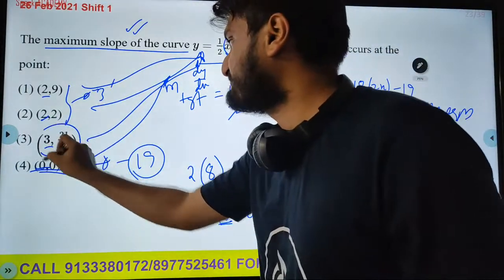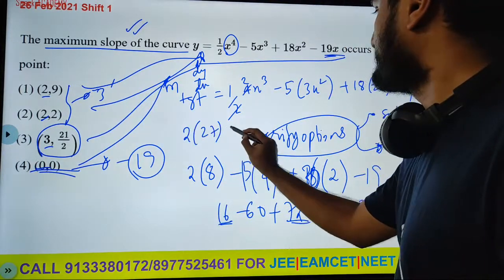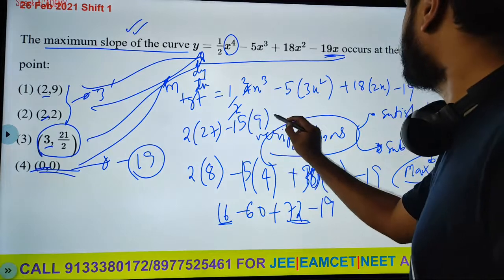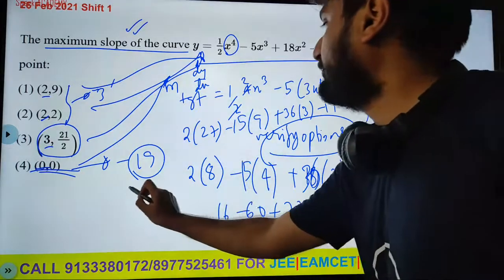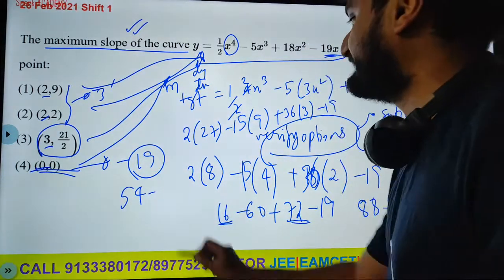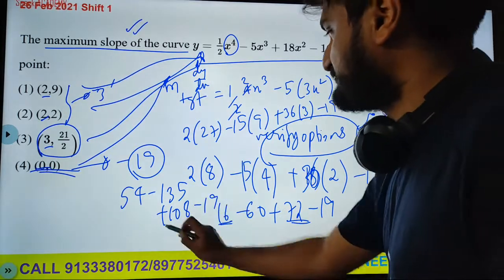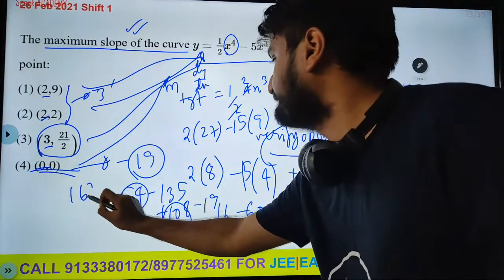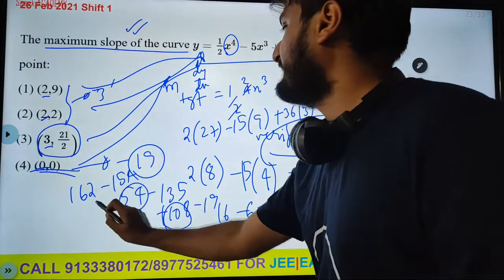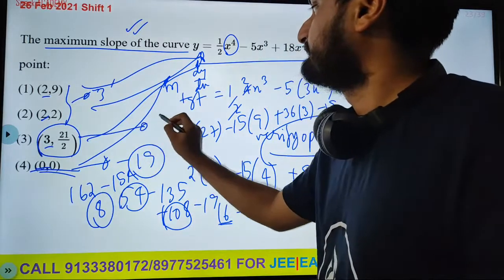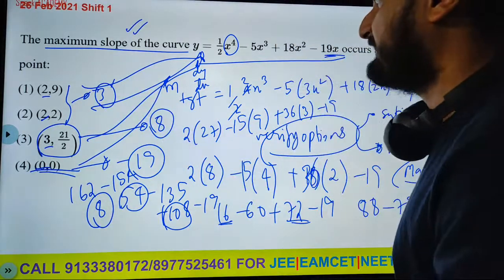And for 3: 4 into 27 minus 15 into 9 plus 36 into 3 minus 19, you will get 108 minus 135 plus 108 minus 19. We are getting 8. So here we got 3, here we got 8.